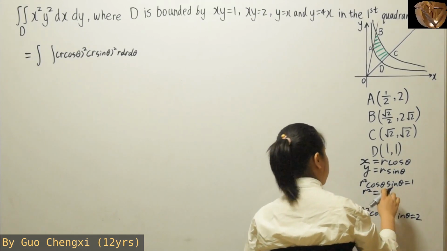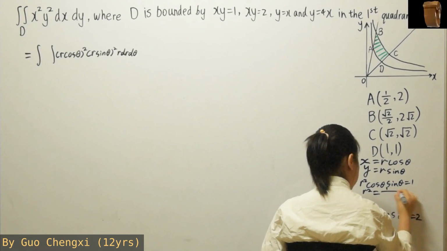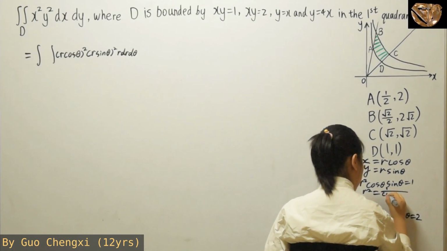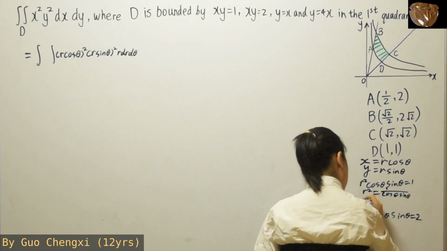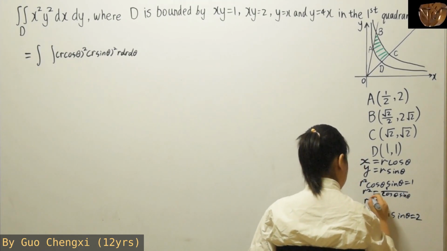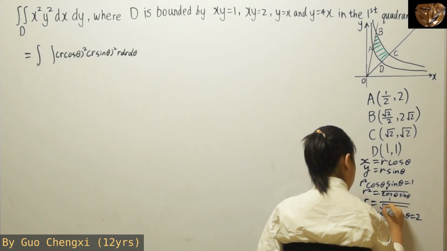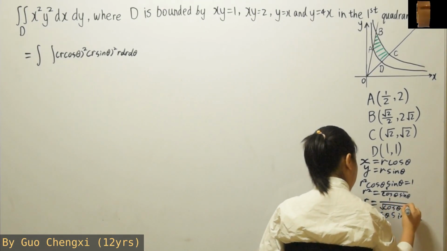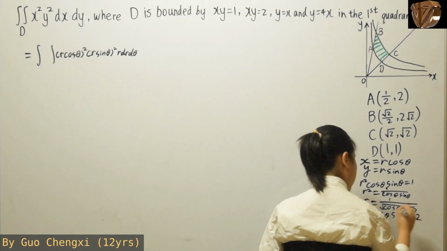For xy equals 1, r squared is 1 over cosine theta sine theta, so r will be equal to 1 over the square root of cosine theta sine theta.